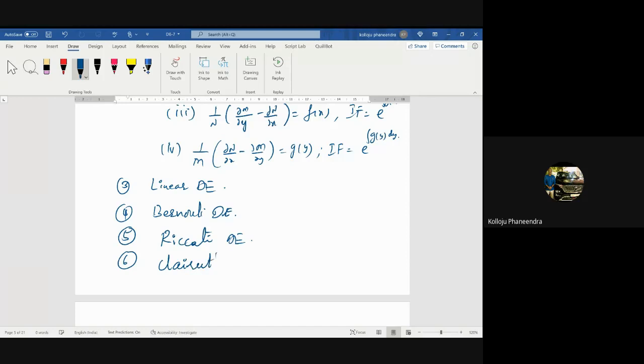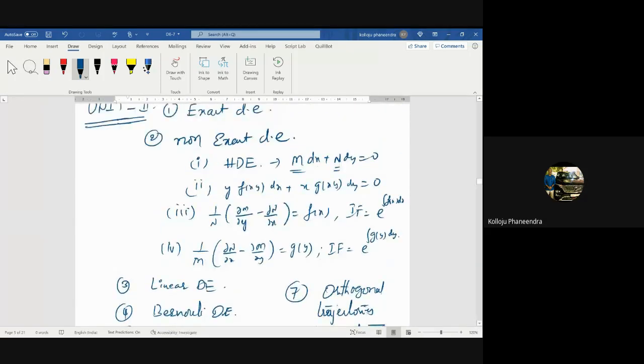Clairaut's form, right? Clairaut's form differential equation. And lastly, orthogonal trajectories. In this one is Cartesian, another one is polar. These are the topics involved in the second unit.